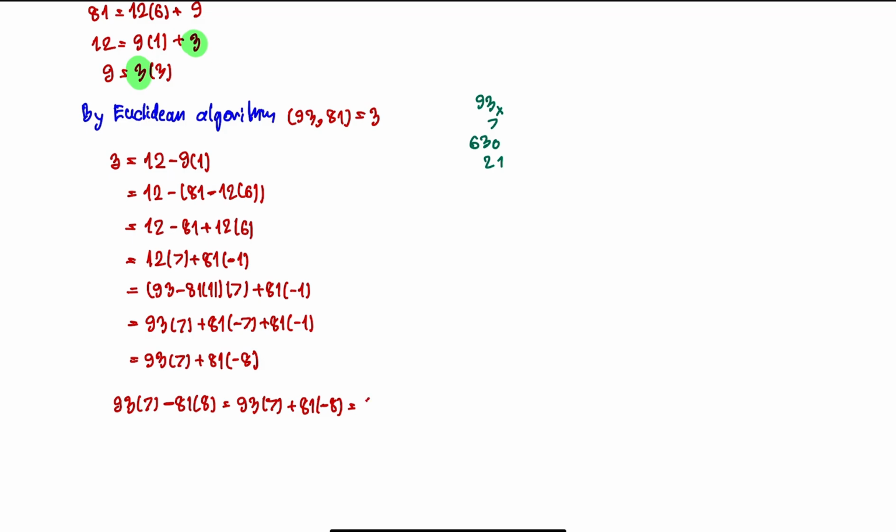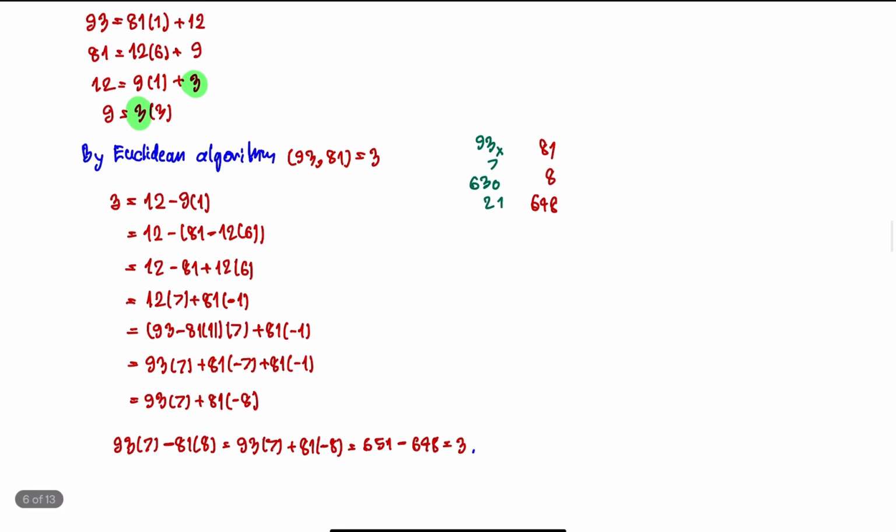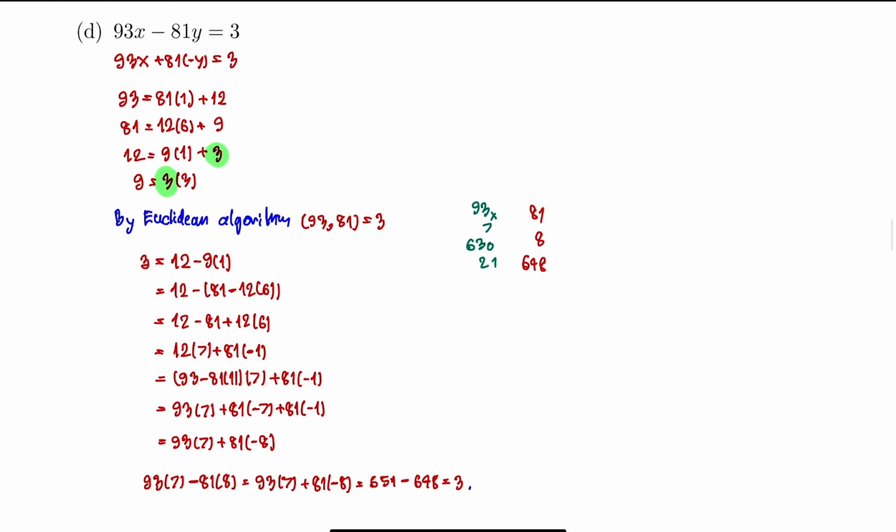So we have 651 minus 81 times 8, which is 648. So we have 651 minus 648, and it turns out to be 3. Great. That means that x should be 7 and y must be 8.